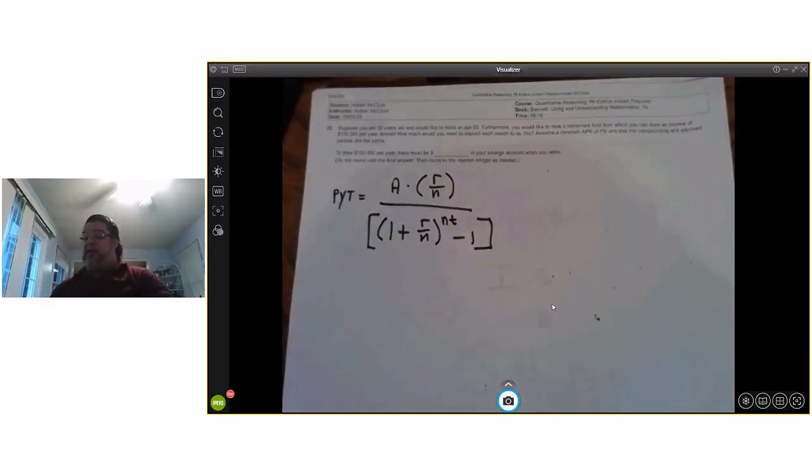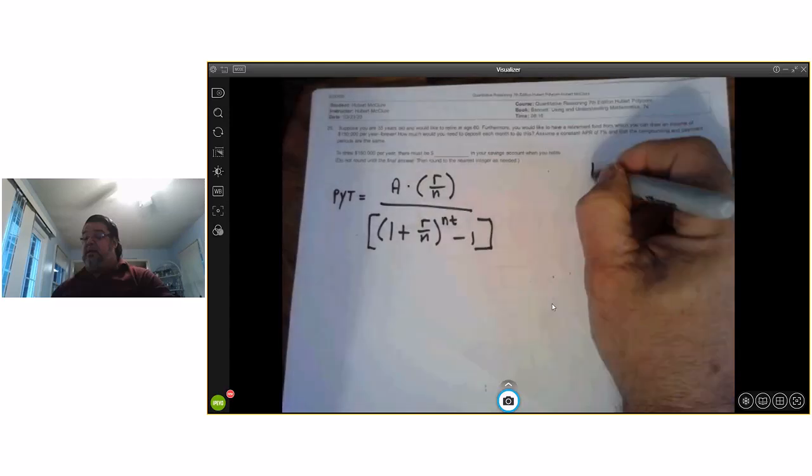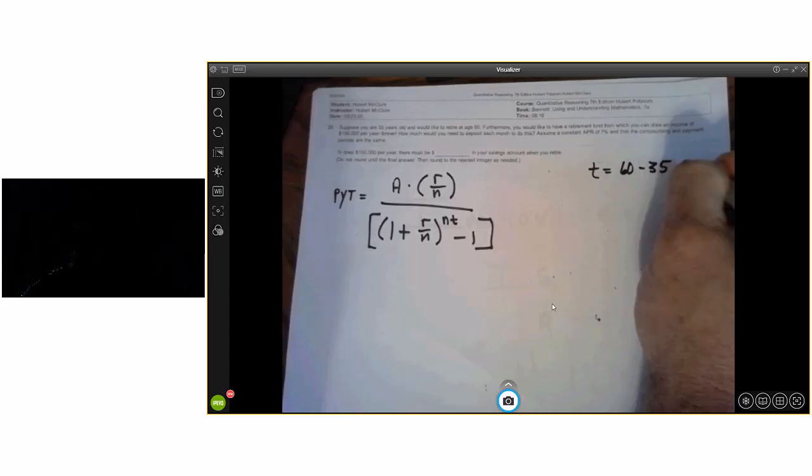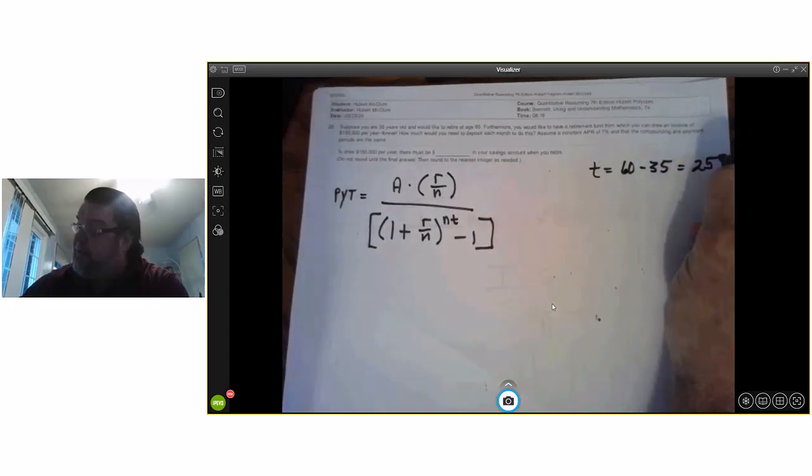Okay, now it said, suppose you are 35 years old and would like to retire at age 60. So T is going to be 60 minus 35, which is equal to 25.